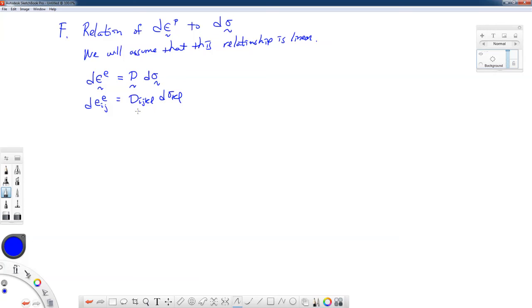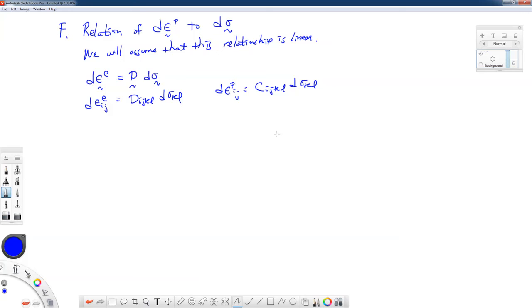So we have this relationship that's linear. It's a fourth order tensor relationship. We can have the same sort of relationship, and that's what this linear relationship amounts to. We can say that d epsilon plastic ij is equal to C ij kl d sigma kl.